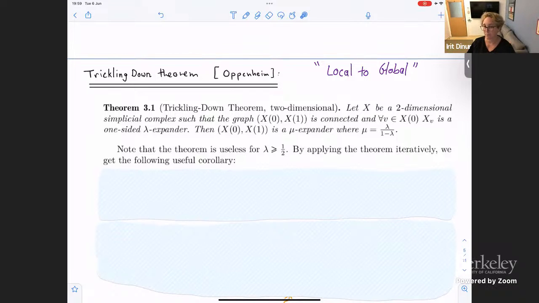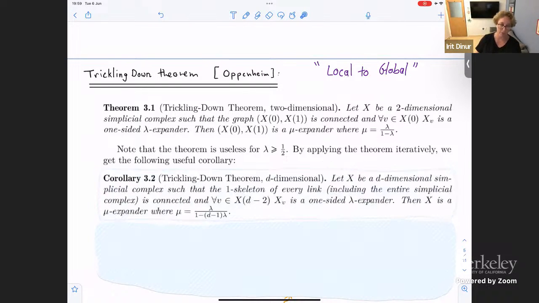Okay. And just by iteratively applying this, you can get the same theorem not for a two-dimensional complex, but for a d-dimensional complex, just by first applying it from the d-2 links to the d-3 links, and then to the d-4 links, and trickling down this theorem until you deduce that the entire graph is an expander.